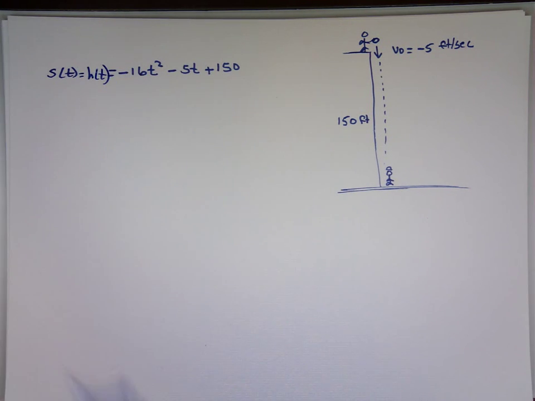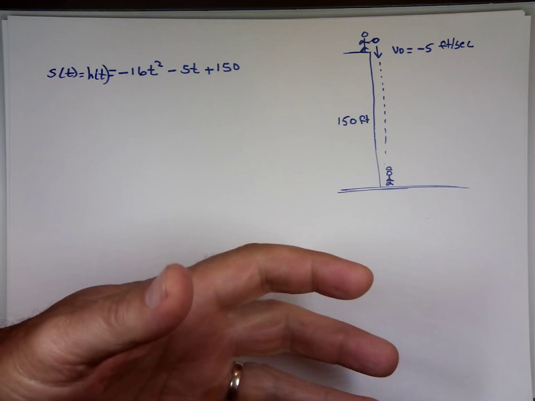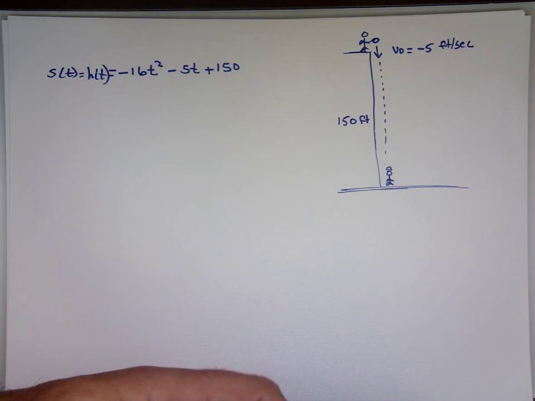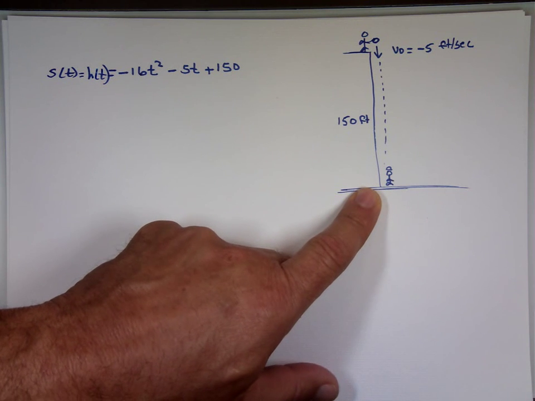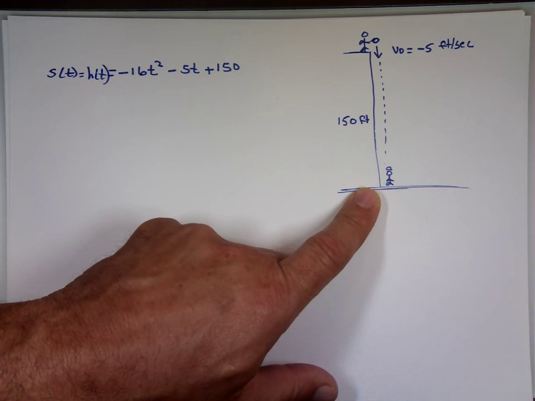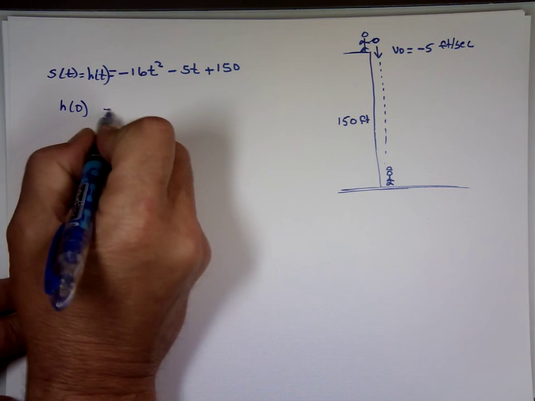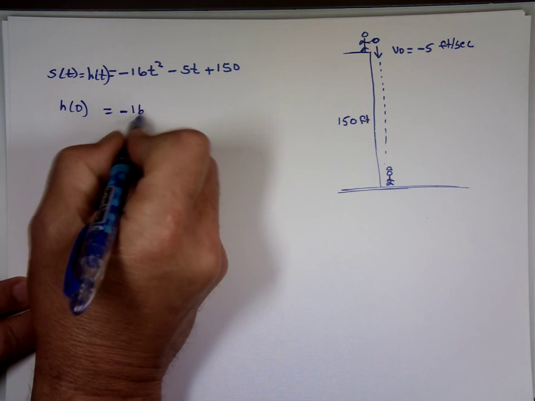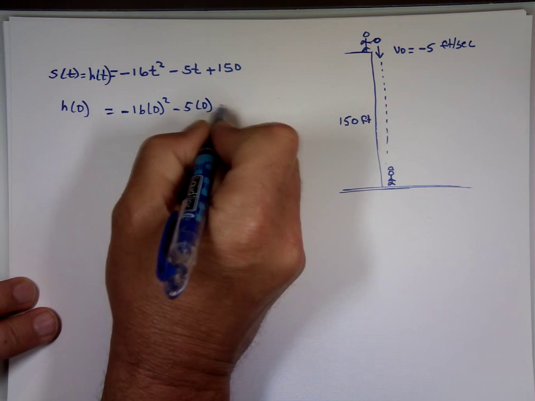You want to know how high the ball is, or the water, what was it we said, water balloon? It wasn't a rock, it was a water balloon. How high is it after 1 second? At 0 seconds, if you let t equal 0, where are you standing? Top of the building, 150 feet high, right? So what's the height at 0? You let t be 0. It says it's 150 feet.